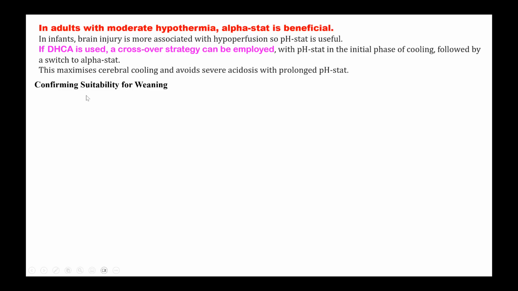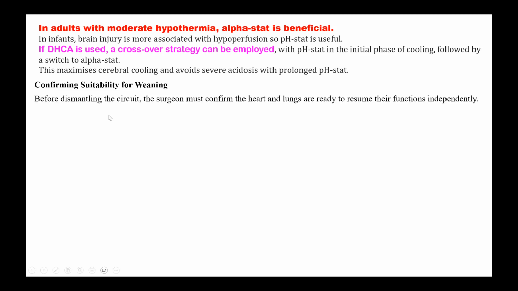Now, confirming suitability. After all the surgery and repair has been done, we have to come out of the bypass and make the patient have a normal circulation. So confirming suitability for weaning: before dismantling the circuit, the surgeon must confirm the heart and lungs are ready to receive their functions independently.